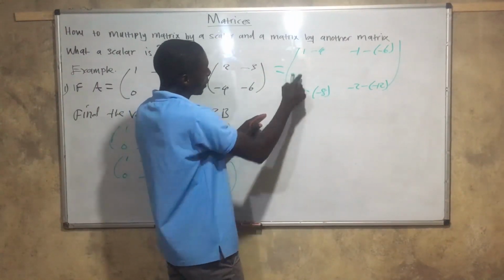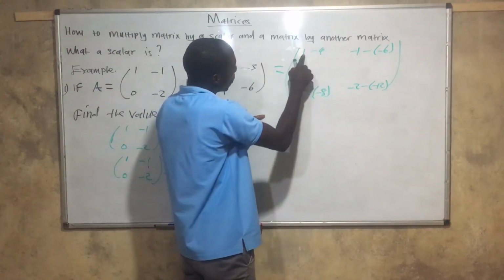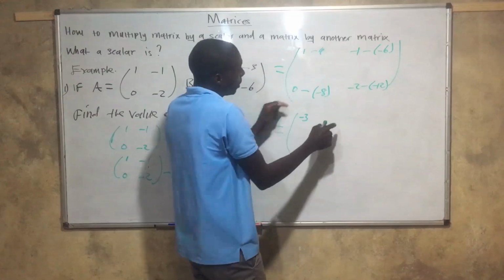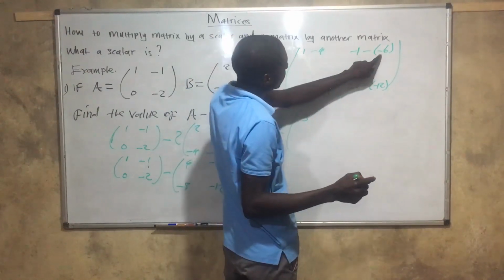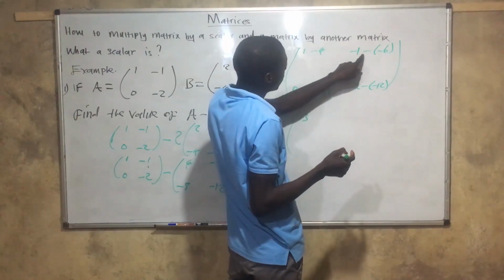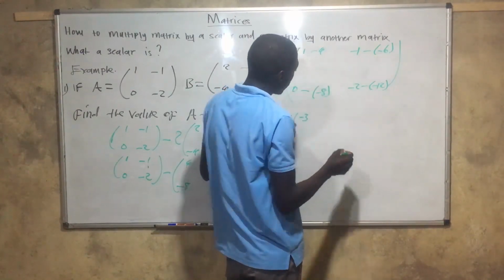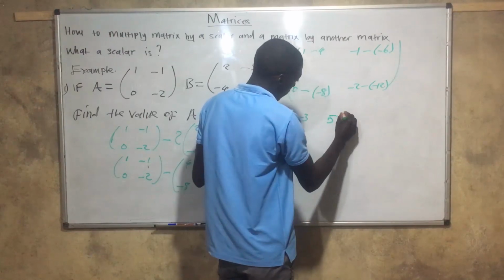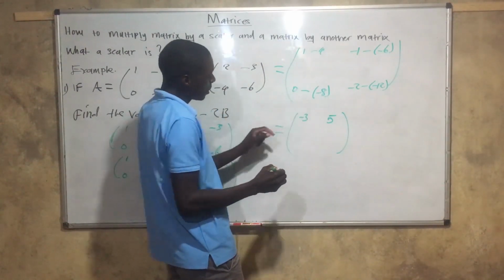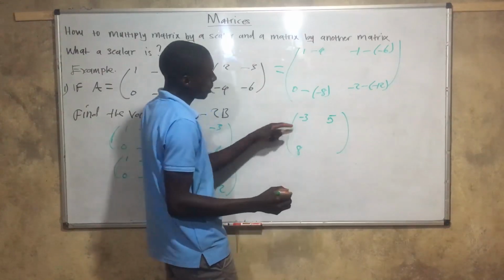So this will give us 1 minus 4, it will be negative 3. Then negative 1 minus negative 6, here it will give us a positive, so it will be negative 1 plus 6, which will give us positive 5. Then 0 minus negative 8 will be positive 8.